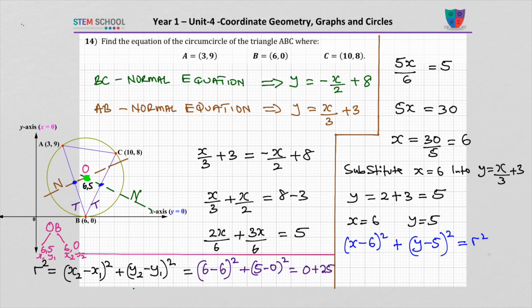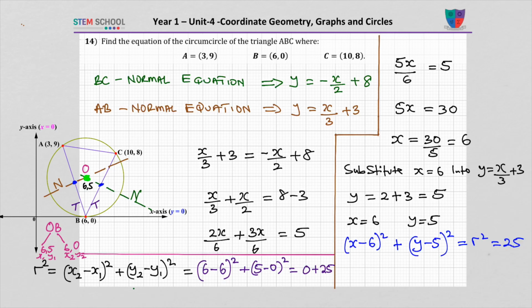So x2 is 6. 6 minus 6 is 0. So that's 0. 0 squared is 0. And y2 is 0, y1 is 5. 5 minus 0 is 5. 5 squared is 25. So what we found is r squared equals 25.